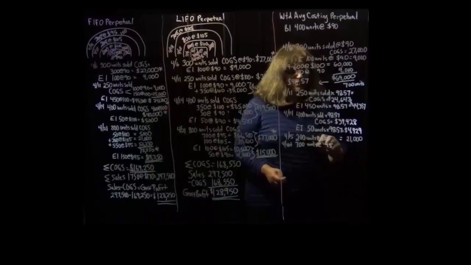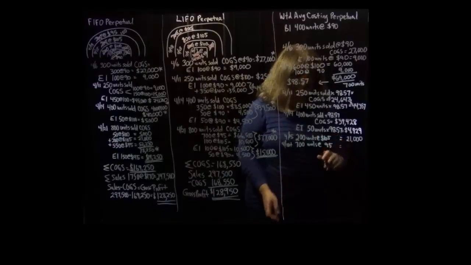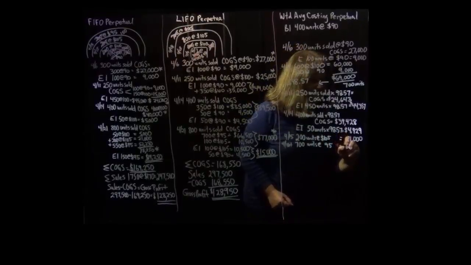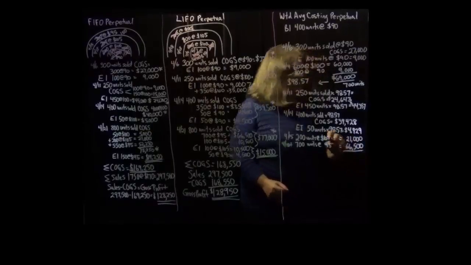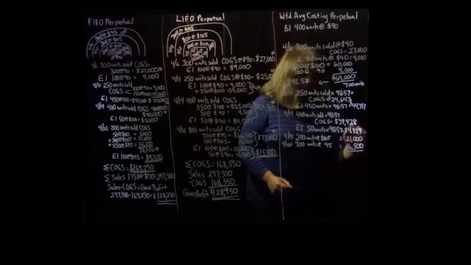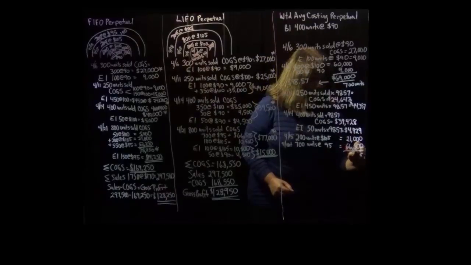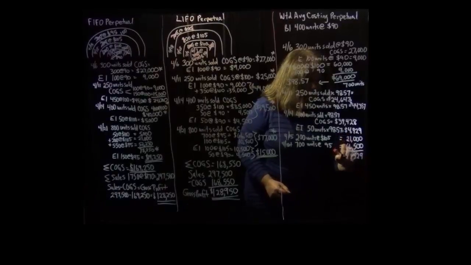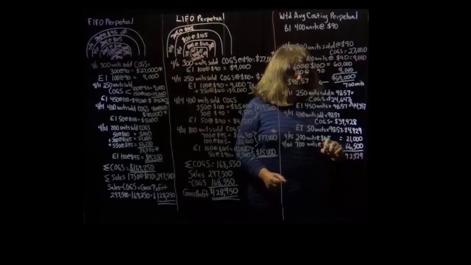And then we had the 700 units at $95, which totals $66,500. That means we had a total cost of what was available for sale at that point of $92,429.